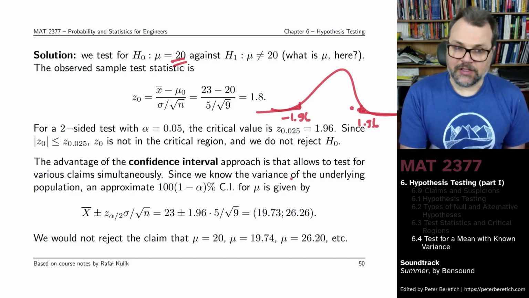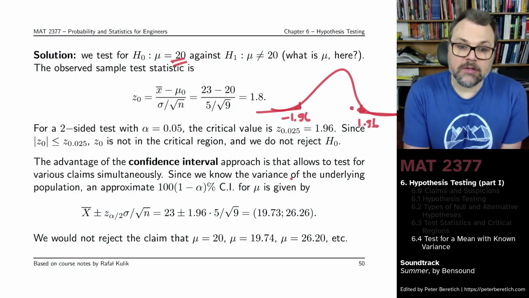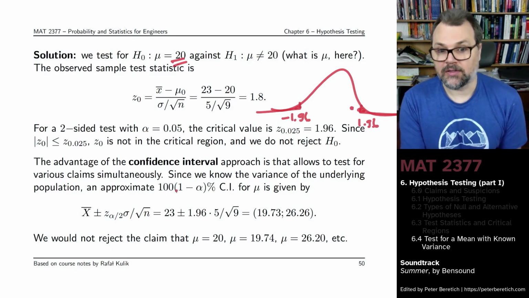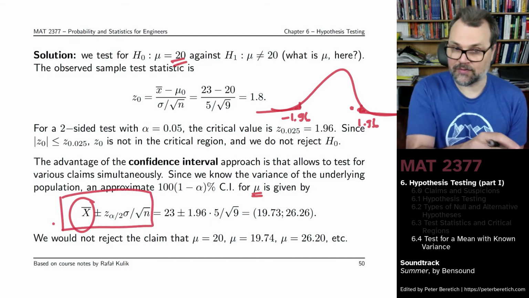If you know the variance of the underlying population, we know it's 25, that's the assumption we make, you can build an approximate 100% times 1 minus alpha confidence interval for the true population mean. It's simply the sample mean plus or minus z alpha divided by 2 times sigma divided by square root of n. Right? This is how you would build a confidence interval given the parameters of this problem.